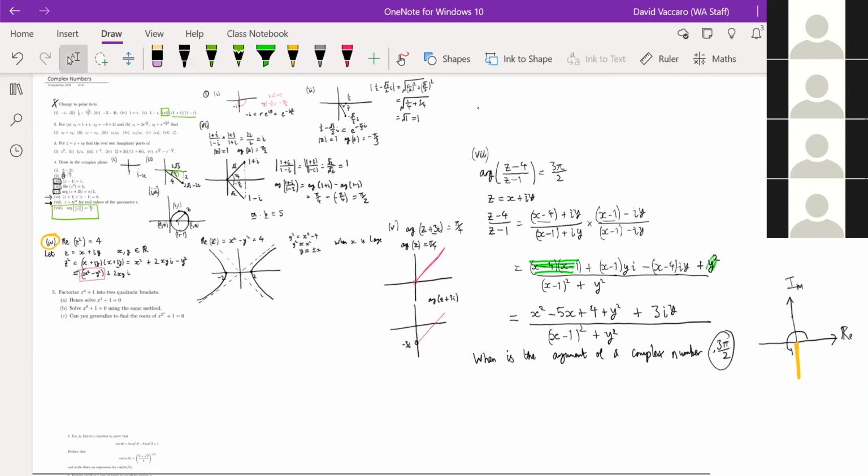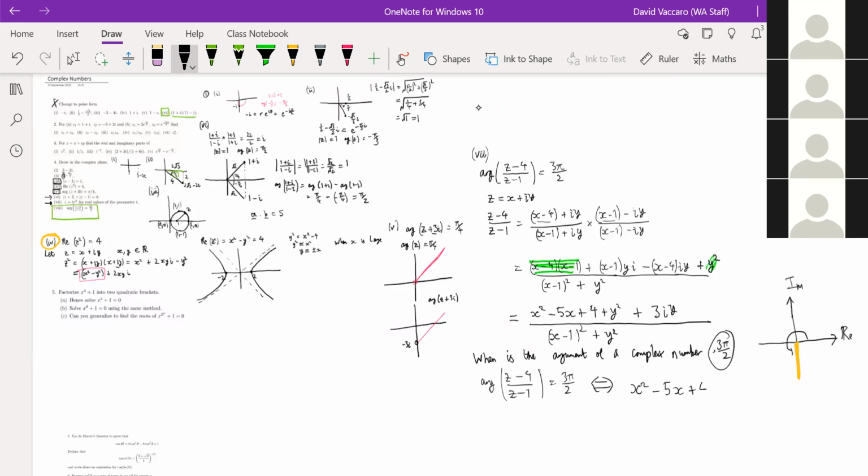So we can conclude two things. Firstly, that the real part is zero. So x squared minus 5x plus 4 plus y squared is equal to 0.